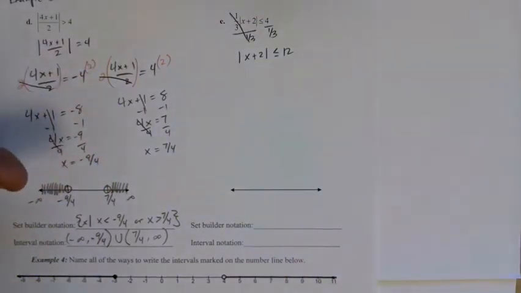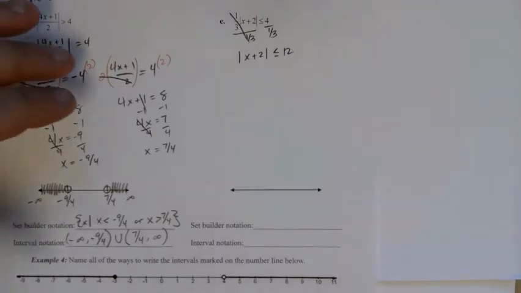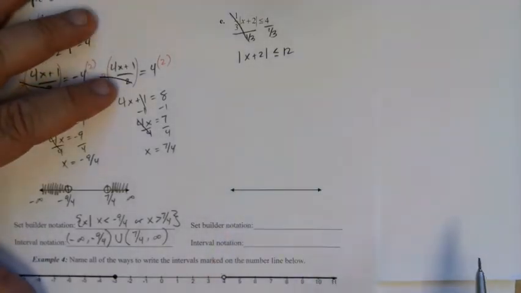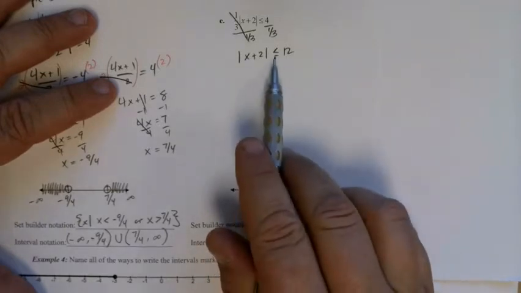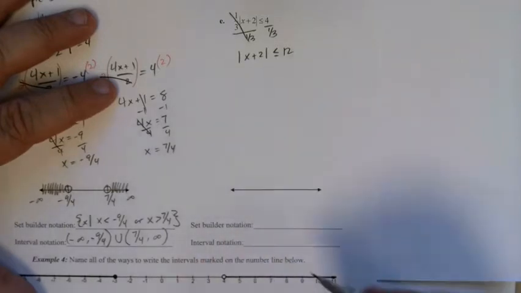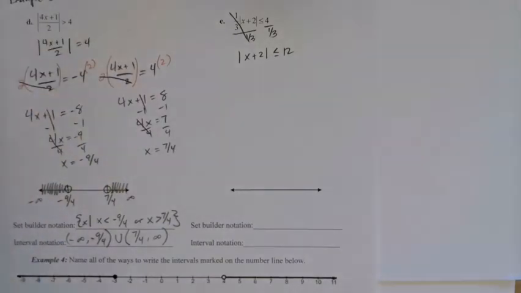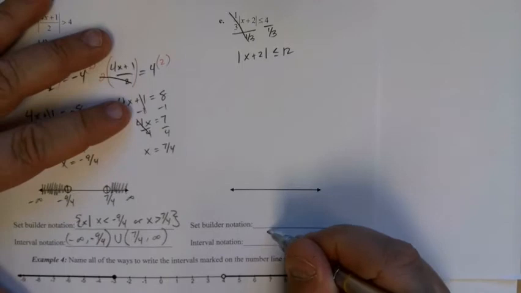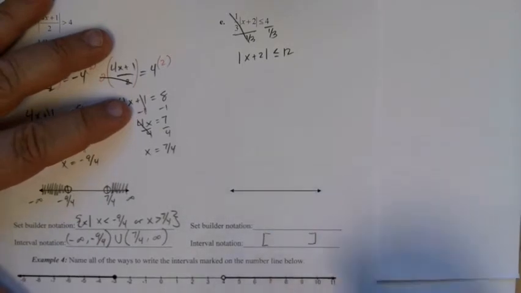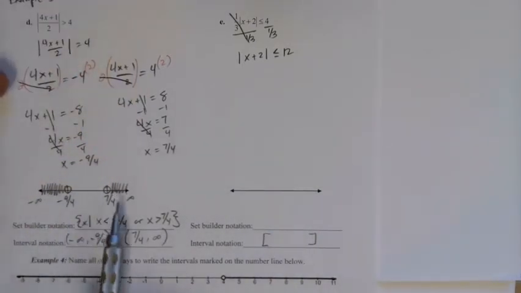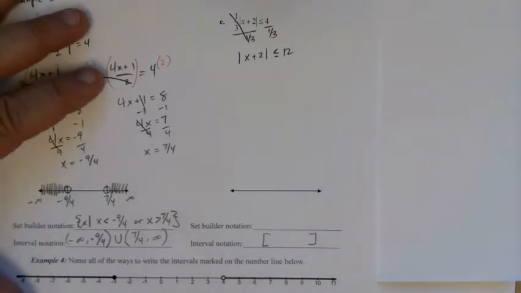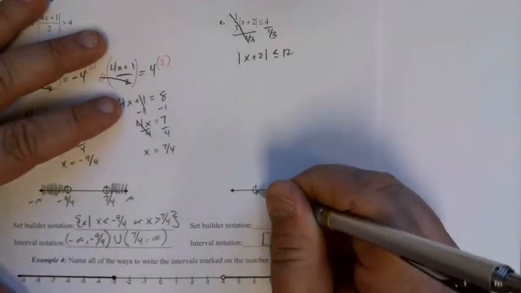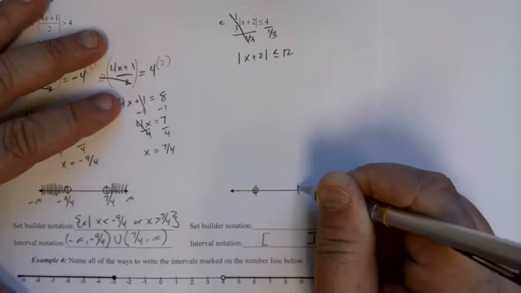Okay? Now, at this point, you start to think, what's my solution going to look like? This is where you can think ahead. This is a less than. In fact, it's a less than or equal to solution. So that tells you it's going to be brackets in your interval notation. And it's going to be an in-between solution where the last one was two ends. This is going to be something in between a value here and a value here.